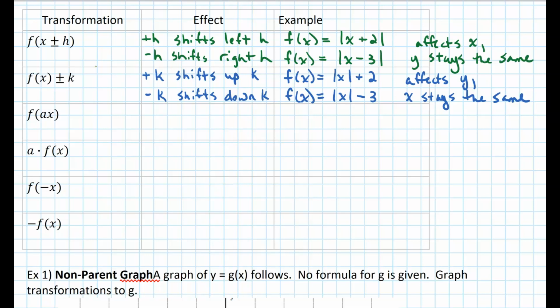With the first one, with the A attached to the X on the inside, this is going to be relative to the X-axis, or we'll say relative to the X values. And we get either a stretch or a shrink depending on whether we are moving away from the x-axis or moving towards it.